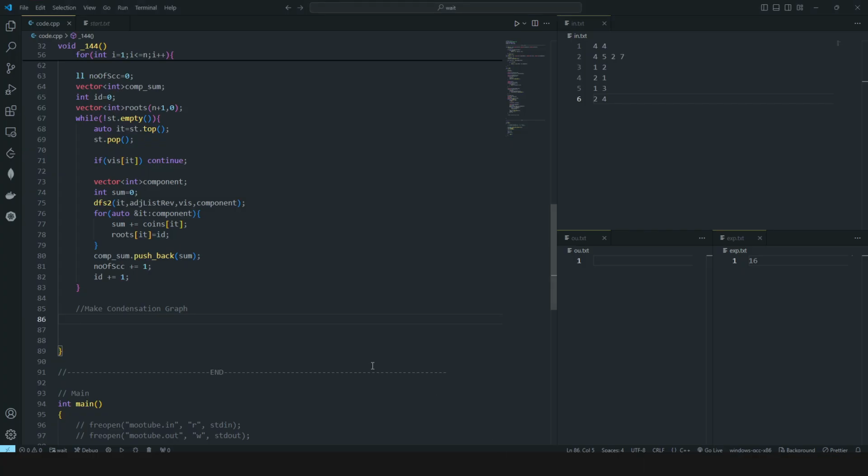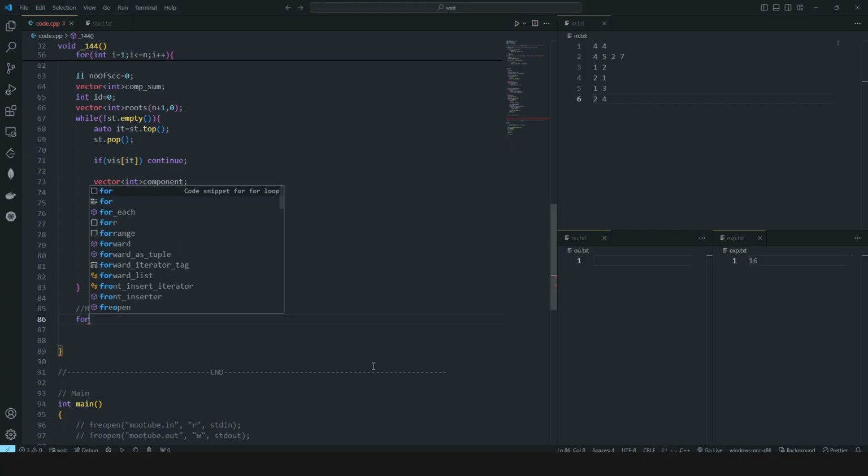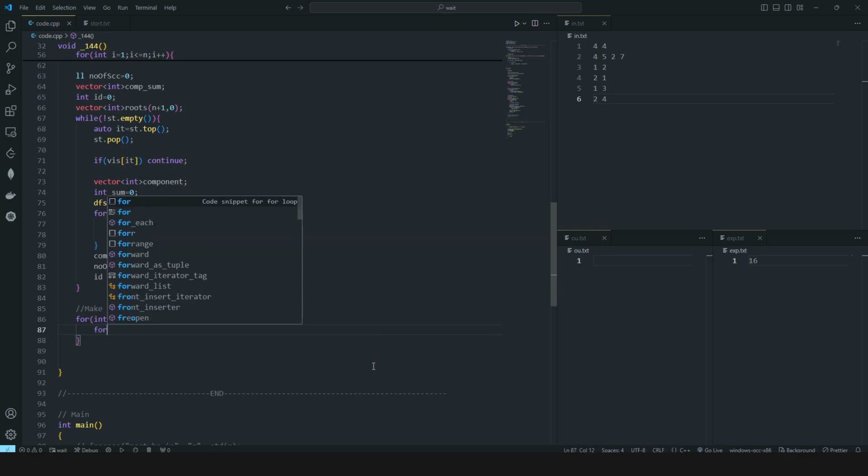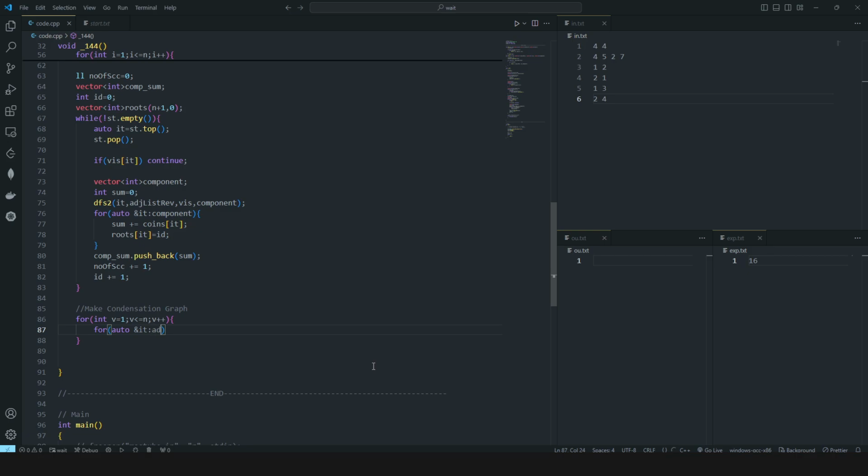So to make this happen, what will we do? We will be visiting each and every room, and we would also be going through its neighbors in the original adjacency list, not the reversed one.